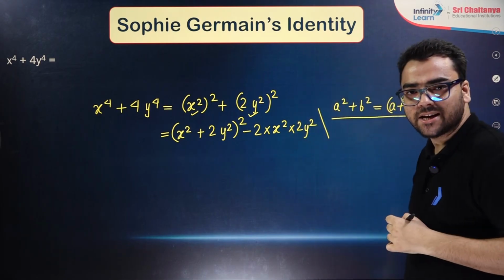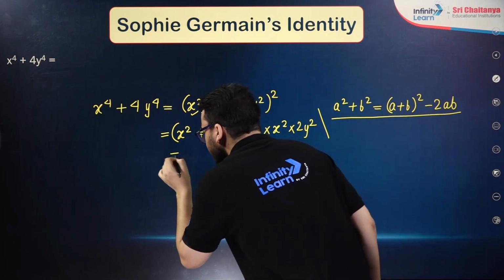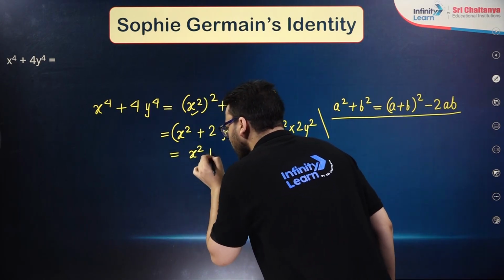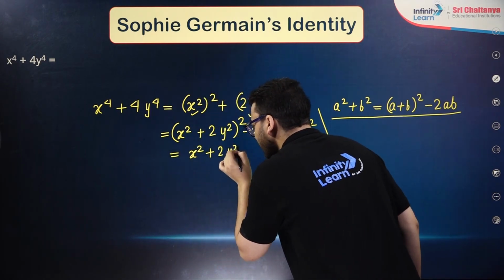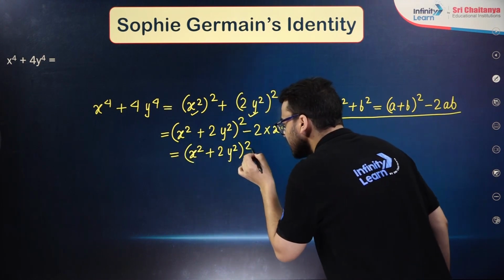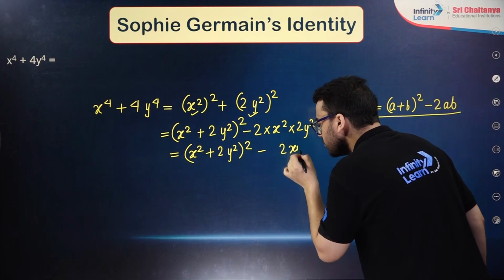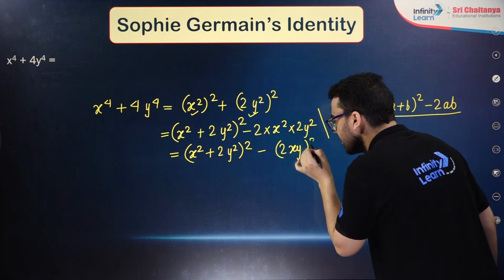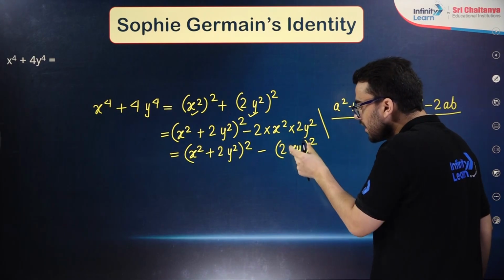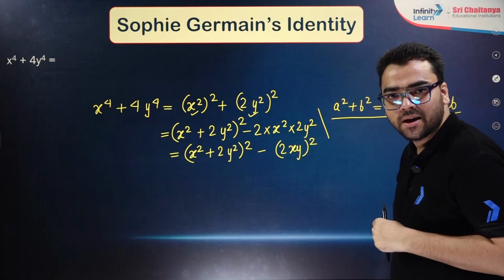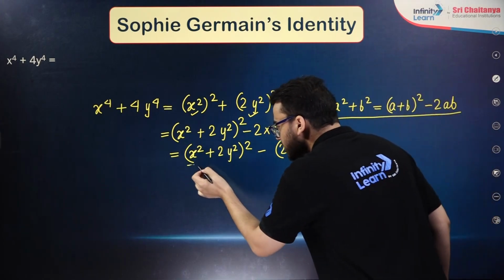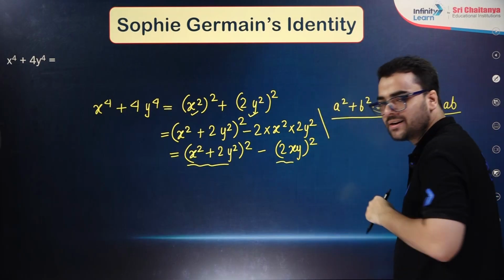Now what is this, guys, after this? So this is x square plus 2y square the whole square minus, you see this thing can be written as 2xy the whole square. You can easily see this because this is 4x square y square, so you can write it like this. Now can't we use the a square minus b square identity now?